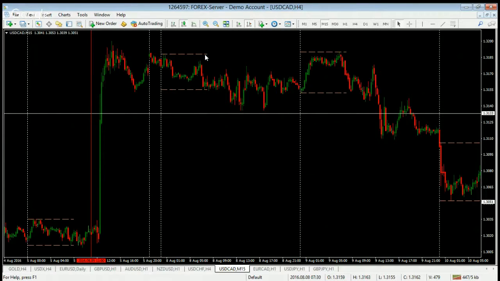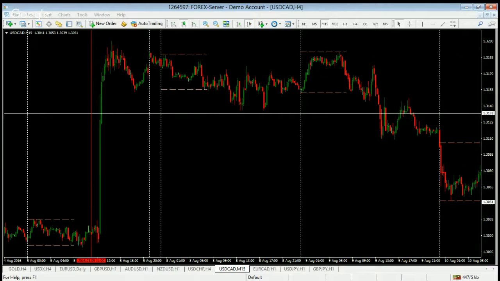So let's add our stochastic oscillator indicator. If you are setting your stochastic, the K period is going to be 14, the D period is going to be 3, and the slowing is going to be 3.